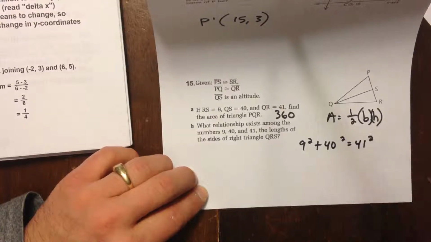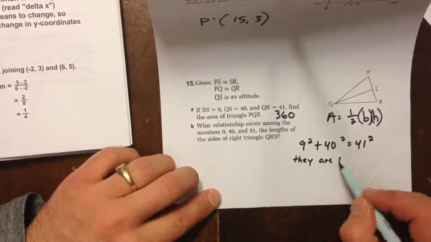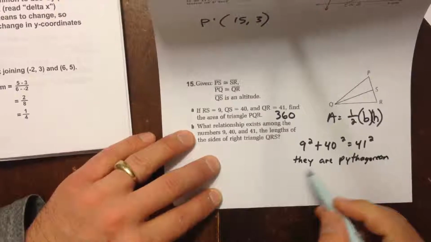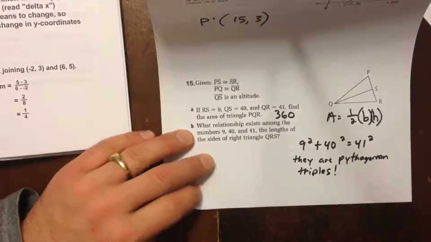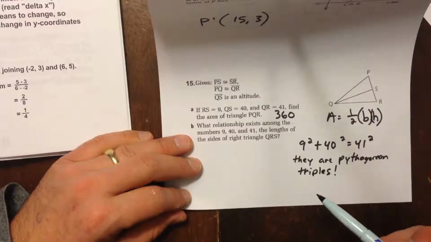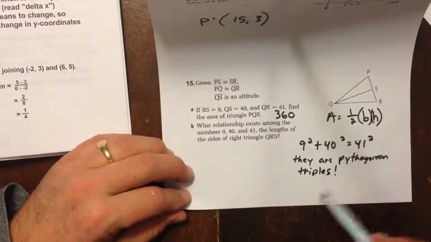It's kind of a bonus question. You could say they are Pythagorean triples. Okay, which means basically we know that this ends up being a right triangle because it works with the Pythagorean theorem.